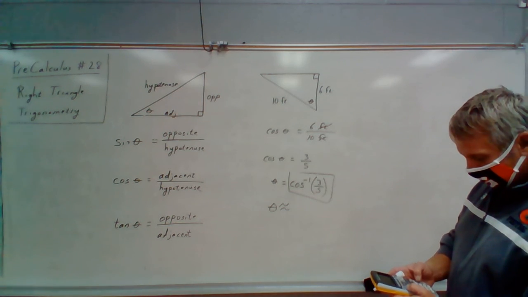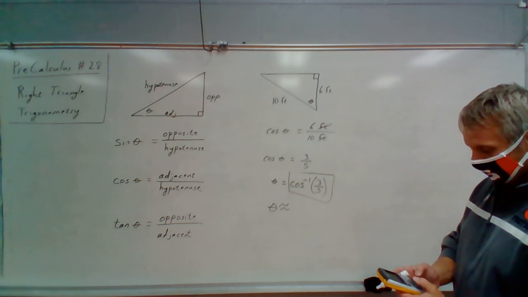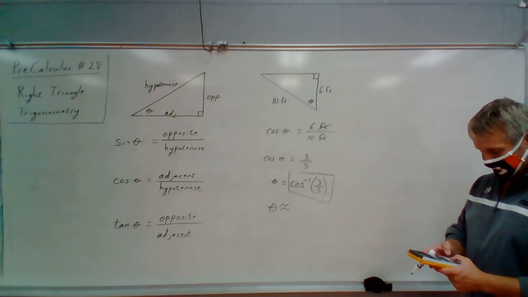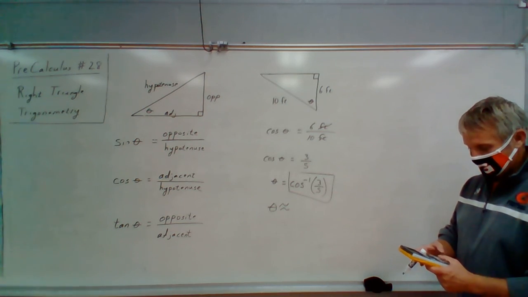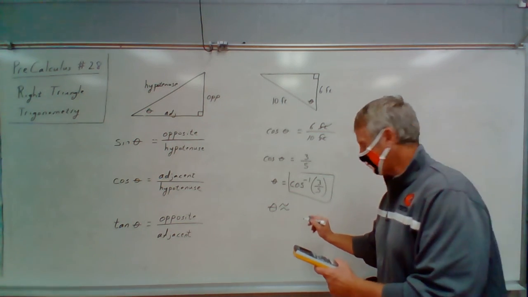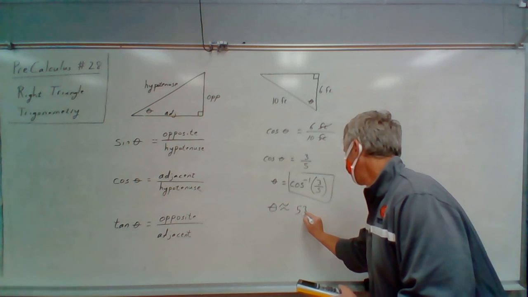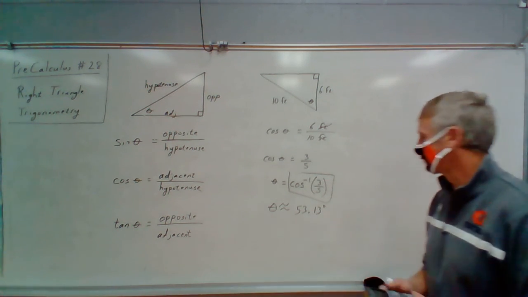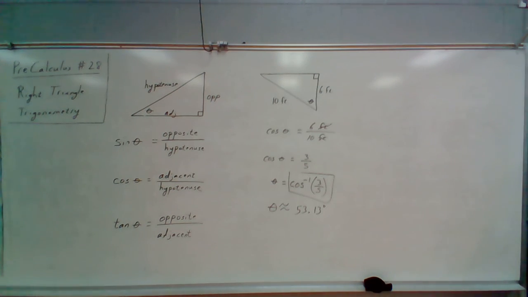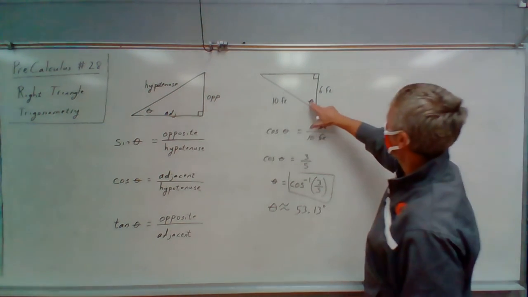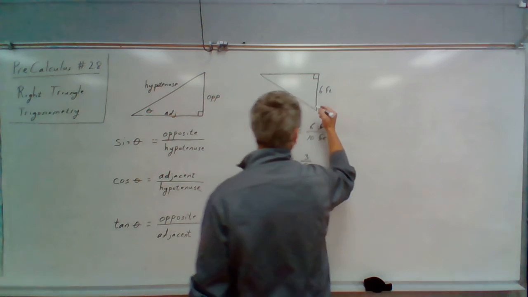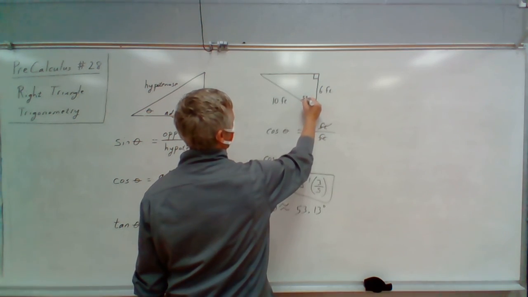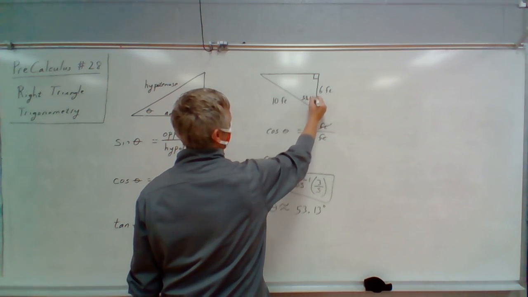I'm going to ask it for the inverse cosine of 3 divided by 5. And it's going to tell me approximately 53.13 degrees. All right, good. So this angle is approximately 53.13 degrees.